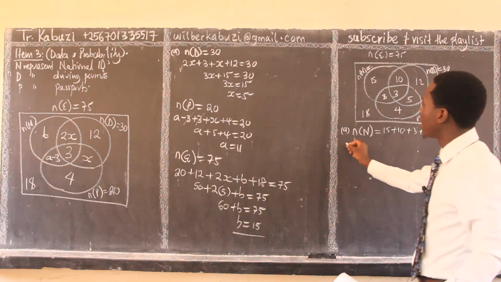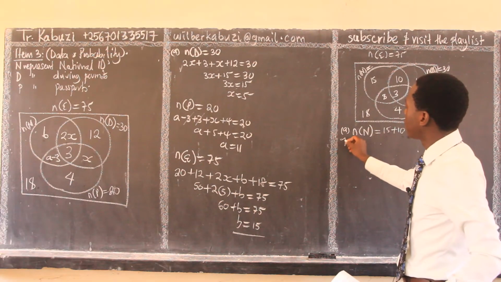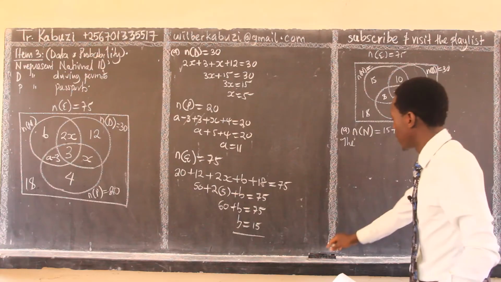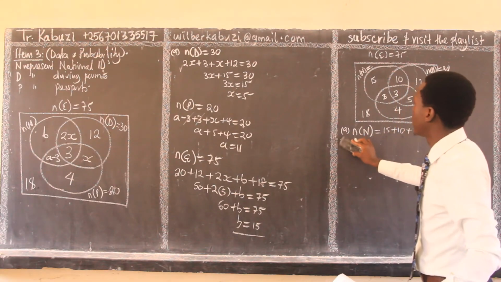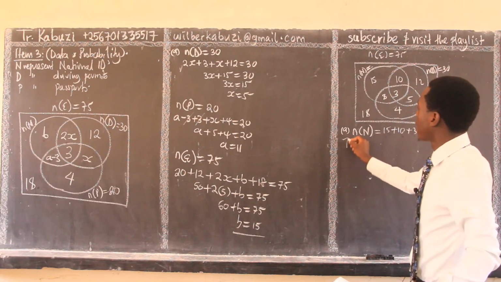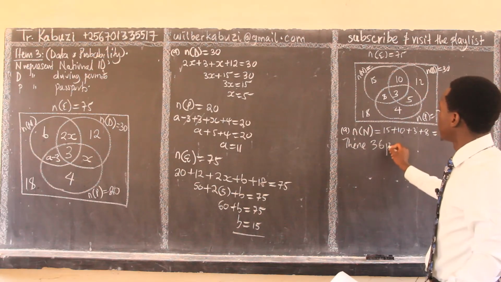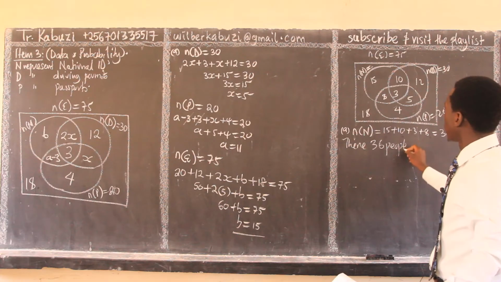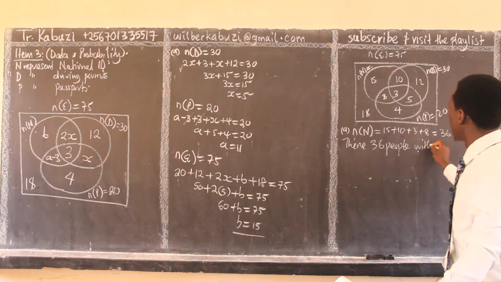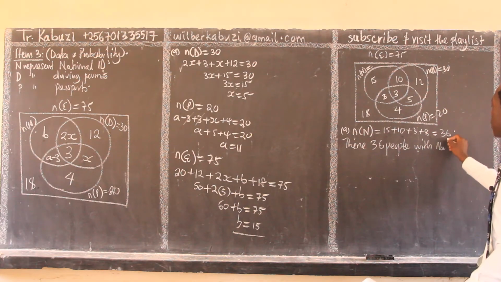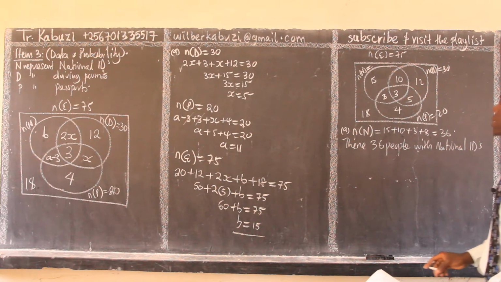So you respond the number of people. Okay, you can say there are 36 people with national IDs. You respond always, don't forget.